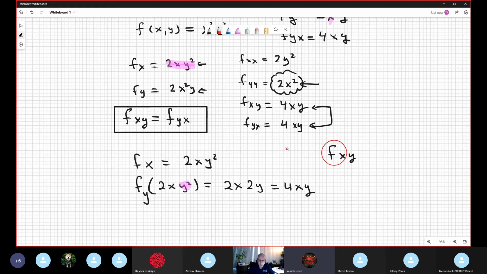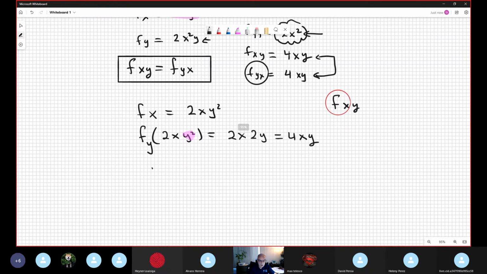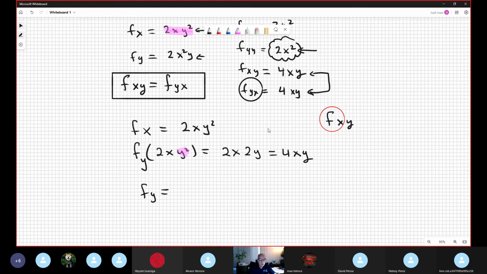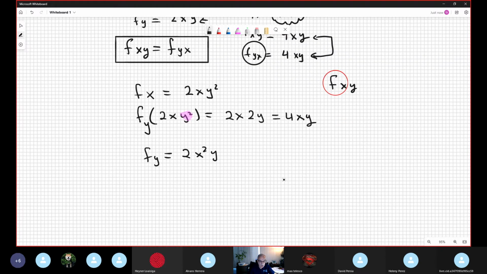Look. I did that. This is the partial derivative with respect to y. The answer was 2x squared y. I suppose you understand this. You say you understand this. Now you differentiate with respect to x this new expression.